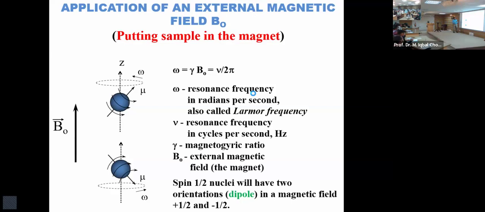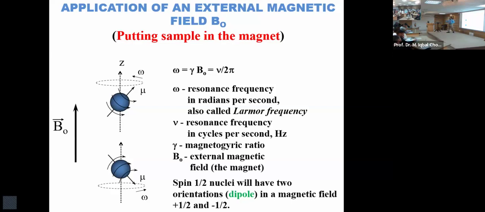This angular movement was discovered for the first time by a scientist called Joseph Larmor. And in recognition of his contribution, this is called Larmor movement or the Larmor precession frequency.